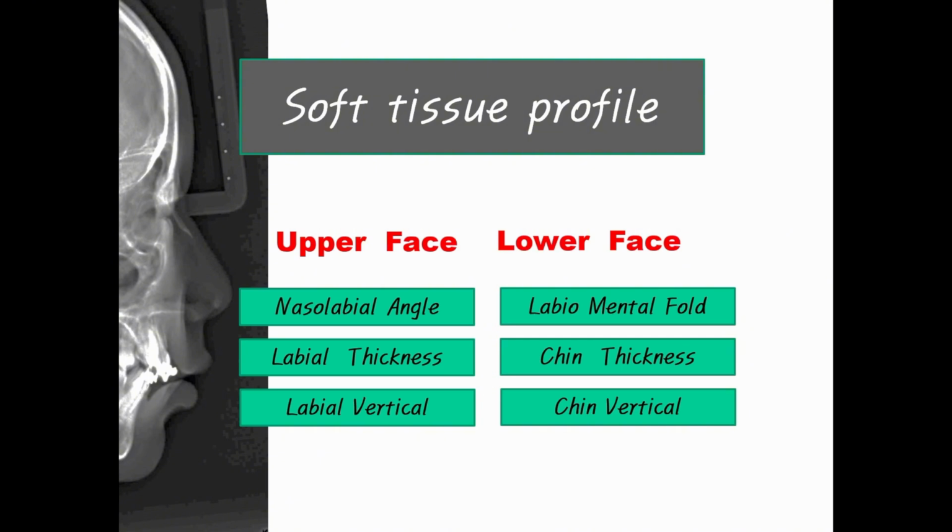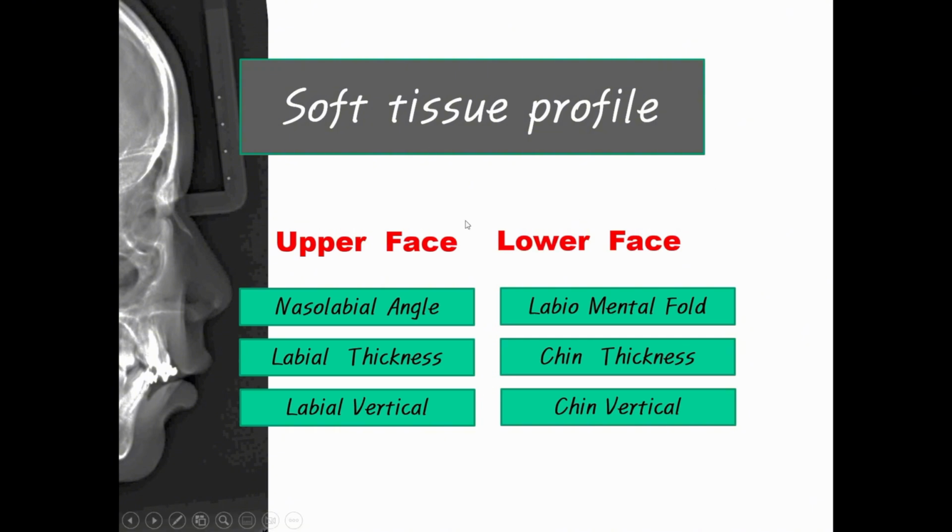The angle between this line and this line, we call it the nasolabial angle. But if the patient does not show the labial vertical, meaning this line, the angle didn't explain the real aesthetic one. So the labial vertical line is really important to get an aesthetic face, okay?